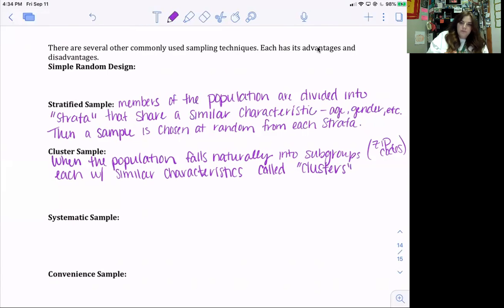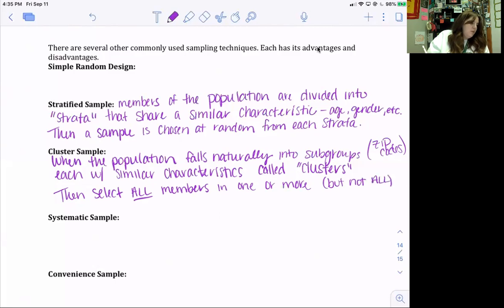So then we're going to select all members in one or more, but not all, of the clusters.